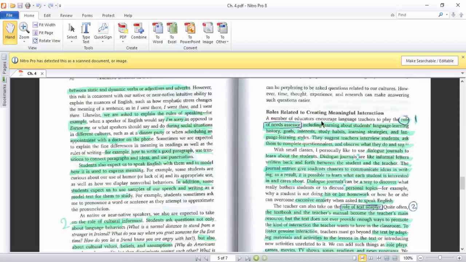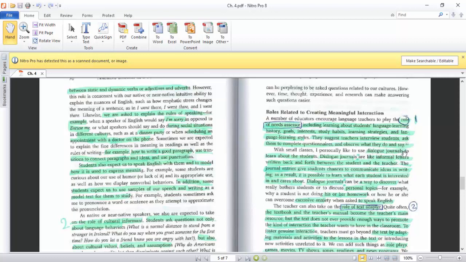A number of educators encourage language teachers to play the role of needs assessor. This is the first one, including learning about students' language learning history, goals, interests, study habits, learning strategies, and language learning style. They suggest teachers interview students, ask them to complete a questionnaire, and observe what they do and say.